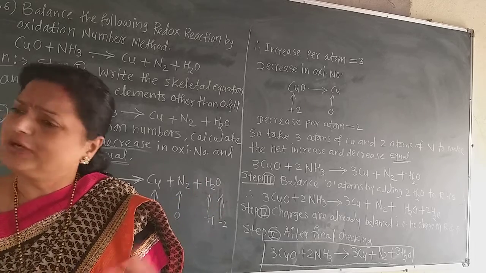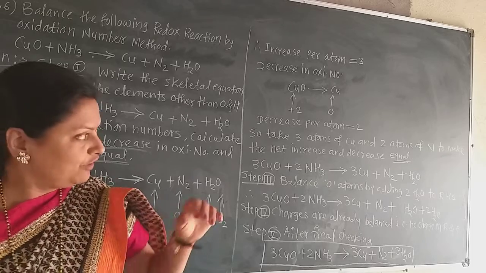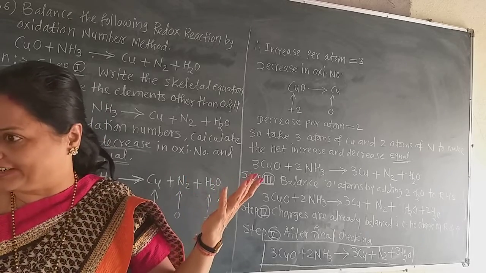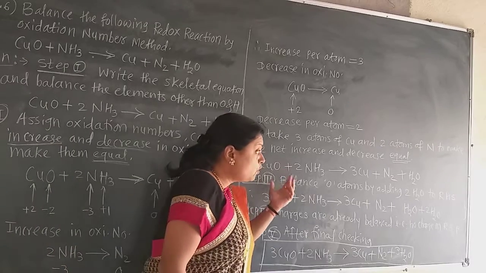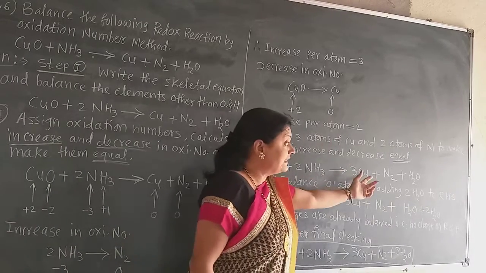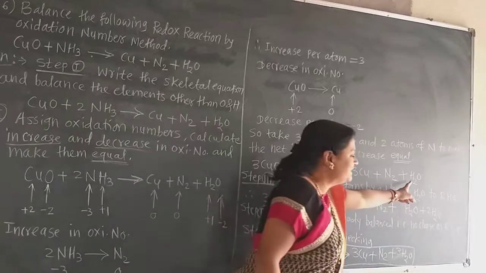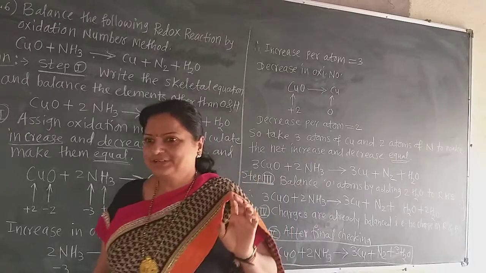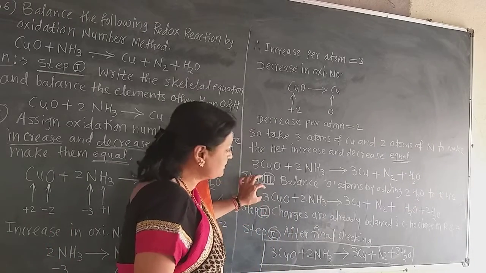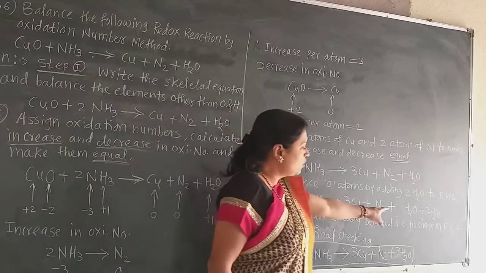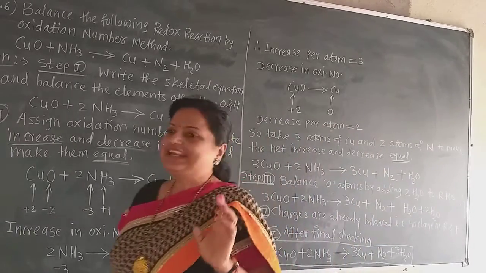Only 2 water molecules. If we add 3, there will be 4 oxygen atoms on the right hand side. So add only 2 water molecules to balance the oxygen atoms, because 1 oxygen atom is already there. Do you understand that? So in this step, we have to add only 2 water molecules. Now that becomes 3, as 1 is already there.